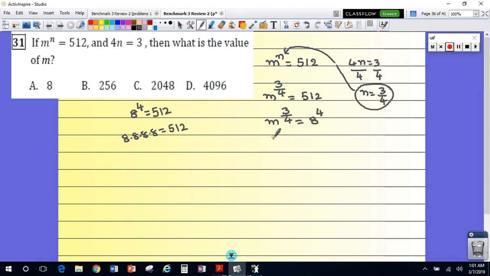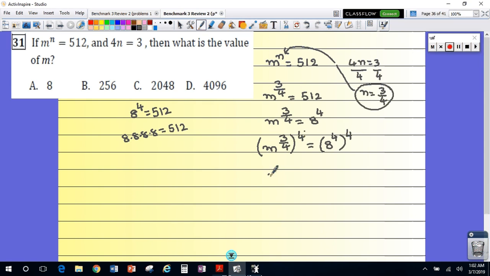Okay, now m to the exponent 3 over 4, I am raising this to the exponent 4 here, and 8 to the exponent 4 raised to the exponent 4, right? I am raising both sides to the exponent 4.